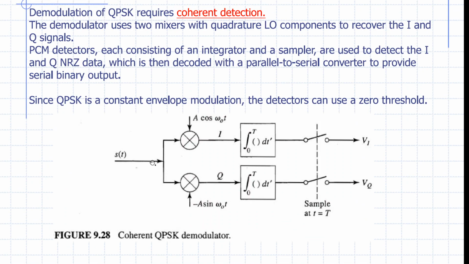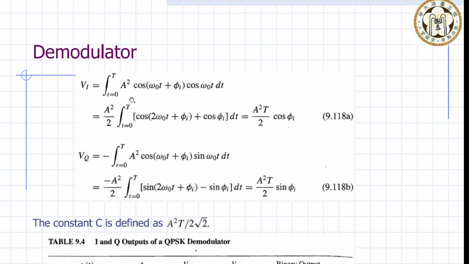So once the signal is received, a cos(omega 0 t plus phi_i), it is multiplied with a cos omega 0 t. So you will get it like this. When you do, you will get a squared T by 2 cos phi_i, that is the one for V_i, the I channel, and for the Q channel a squared T by 2 sin phi_i. Here we are multiplying with a sin omega 0 t.